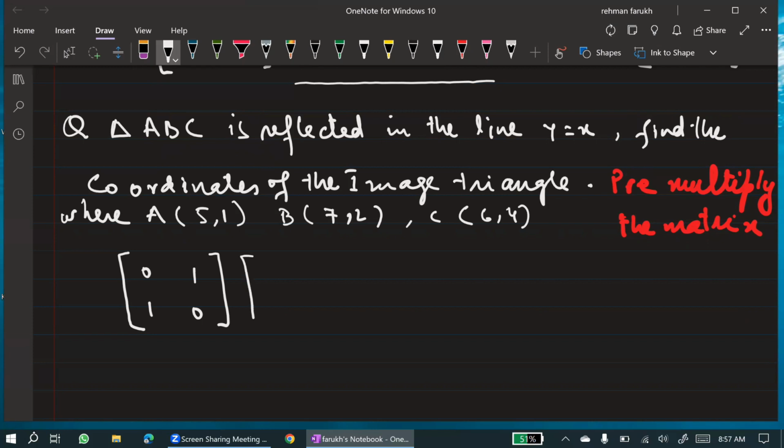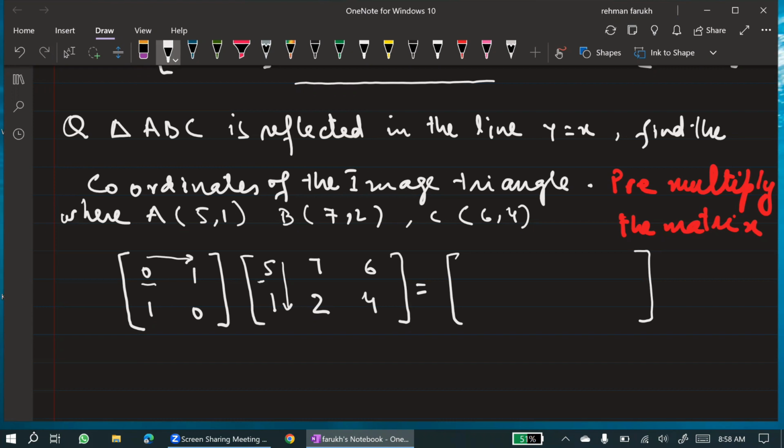Now, I will write down the coordinates of the 3 points ABC. Coordinates of A are 5, 1. Coordinates of B are 7, 2. Coordinates of C are 6 and 4. Now, I will multiply these two matrices, this row with this column. 0 into 5 plus 1 into 1. 0 into 5, 0. 1 into 1 is 1.